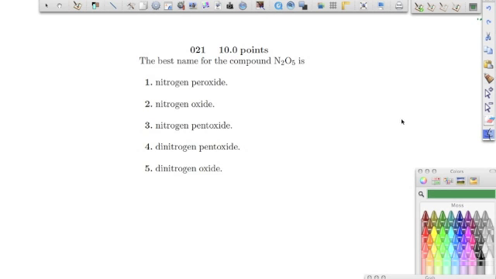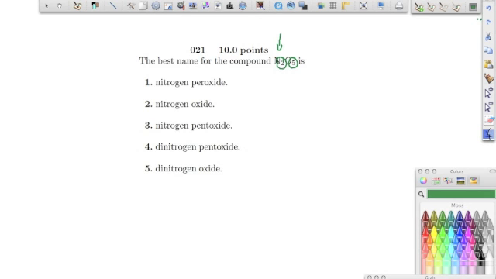And those go in order, so it's mono, di, tri, tetra, penta, hexa, hepta, octa, nona, deca, and that stands for which ones we have. So all we have to do is look at the subscripts and label them. Now we only label the first one if it's more than one. So we see that we have 2 nitrogens, so the Greek prefix for 2 would be di.